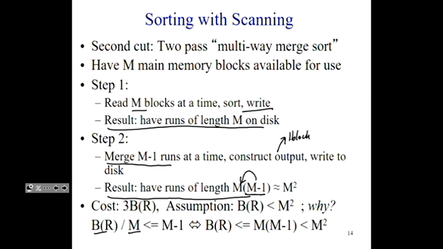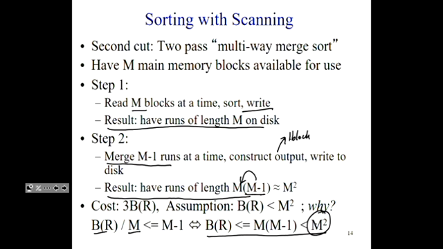In order to do that, B of r must be less than m times (m minus 1). Approximately, B of r should be less than m square. So B of r needs to be less than m square in order for us to be able to do this 2-pass multi-way merge sort.